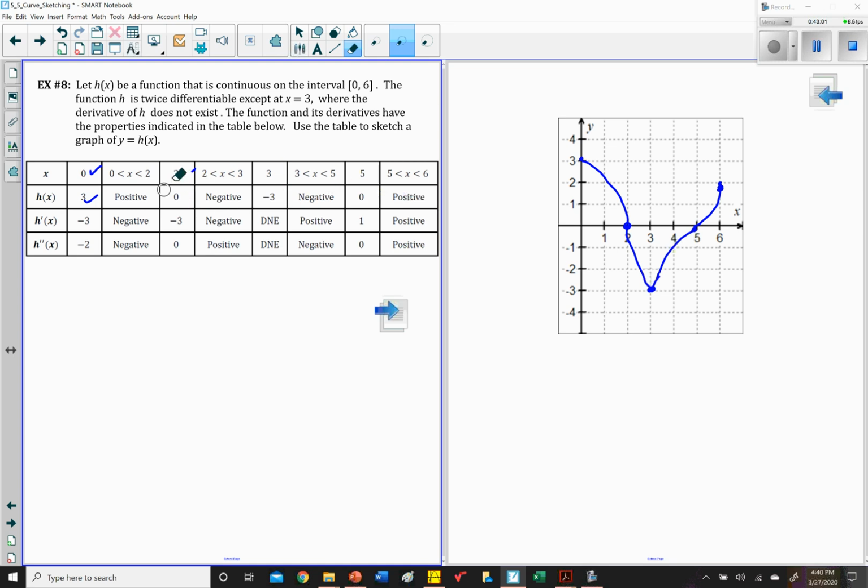Then I read what the graph was doing after I had those points on there. I saw that the graph had to be concave down, decreasing, concave up, decreasing, concave down, increasing, concave up, increasing, and ended up with that graph.